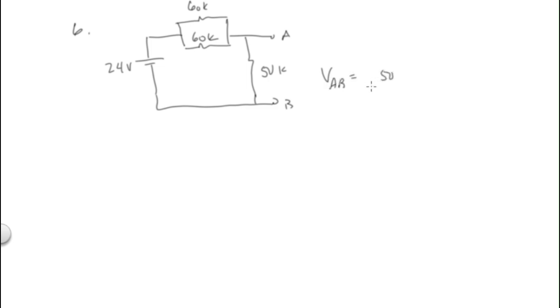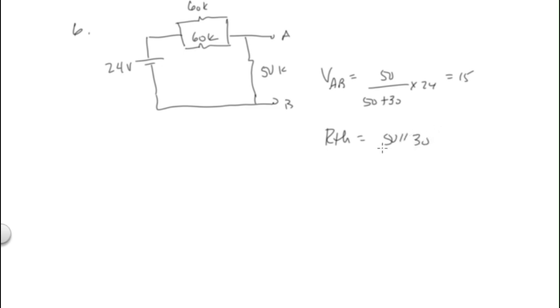Well, it's 50 over 50 plus 30 times 24. It's 15 volts. What is R Thevenin? We have 50 in parallel with a 30, if you want to.